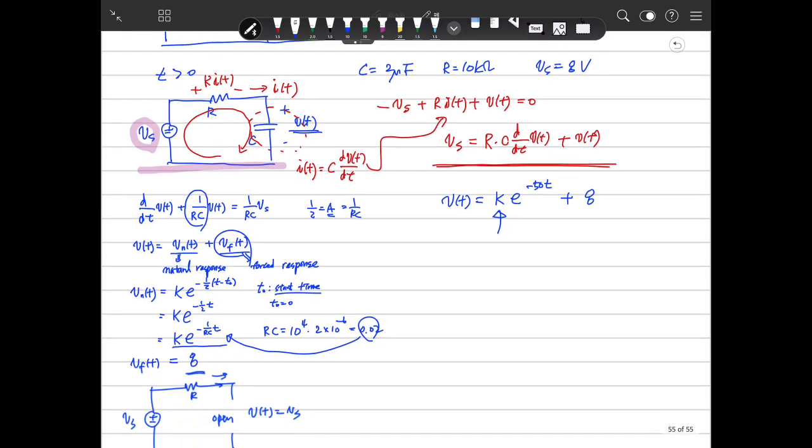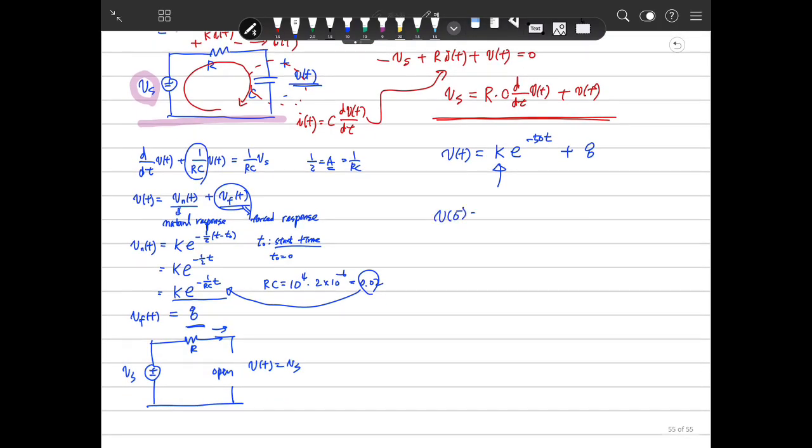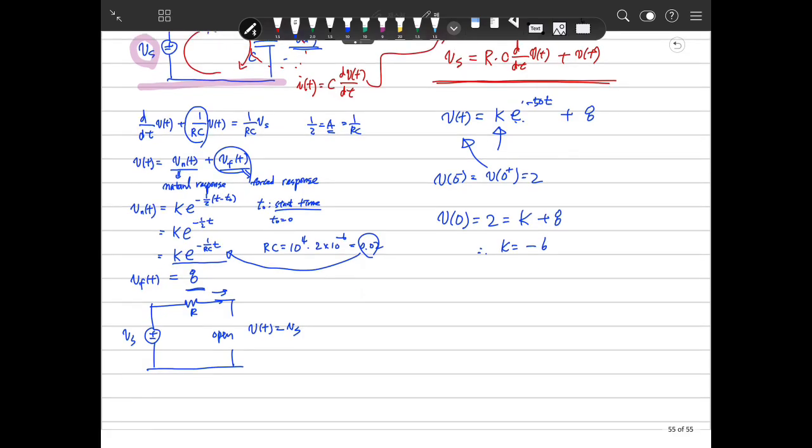So the initial condition was 2. So V0 minus is the same as V0 plus, which is 2. So adding here, V0 is 2, K, because t is 0, then that will be 1 plus 8. Therefore, K is minus 6. So, the composite solution Vt is minus 6 exponential minus 50t plus 8 volt. That is the solution here.